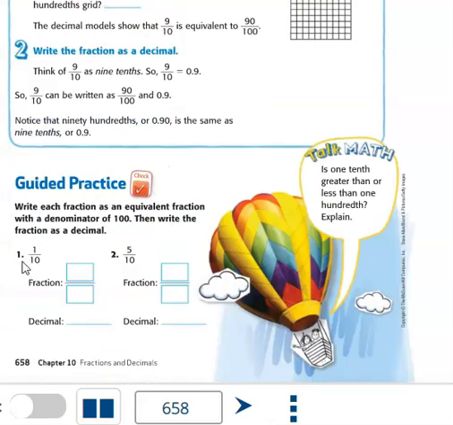Okay, so here they have the fraction for us, then we're going to write it with a denominator of 100, and then you're going to write the decimal version. So that's how these are done. Since these are exactly like the examples, I don't feel the need to show that. You should be able to figure that one out.